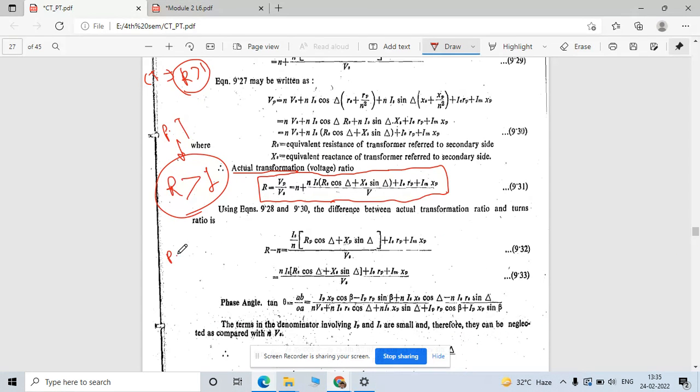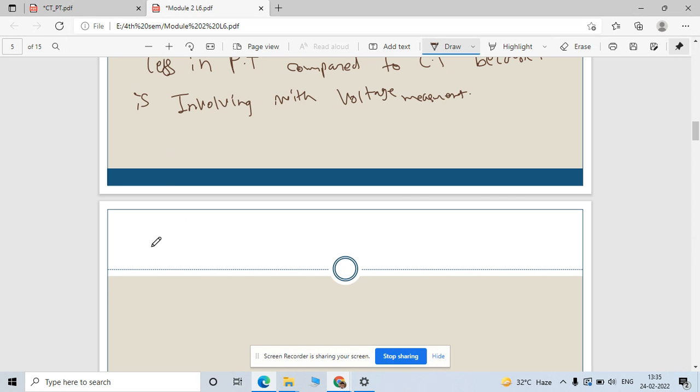So for PT, the turns ratio, denoted by small n, is nothing but your primary turns divided by secondary turns.